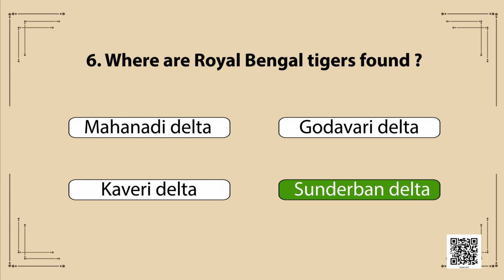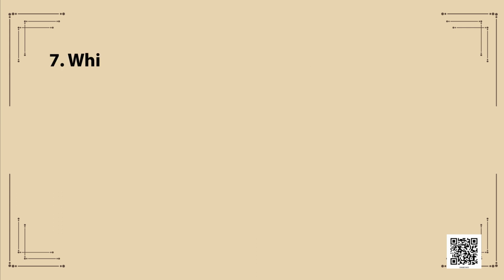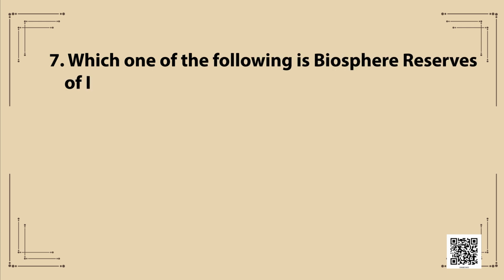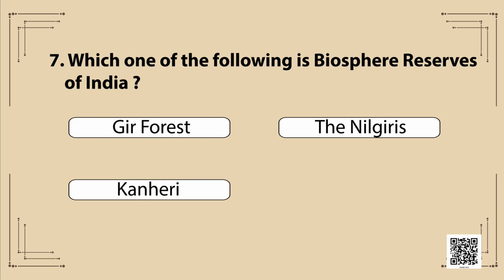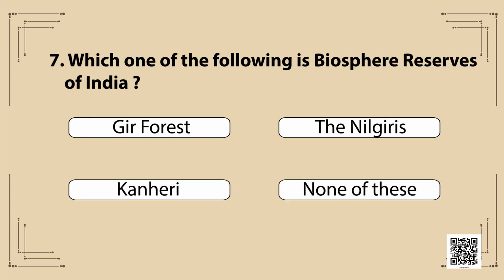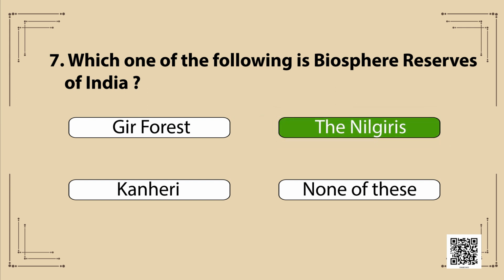Now the last question. Which one of the following is a biosphere reserve of India? The options are Gir Forest, the Nilgiris, Kanheri, or none of these. And the correct option is, yes, the Nilgiris.